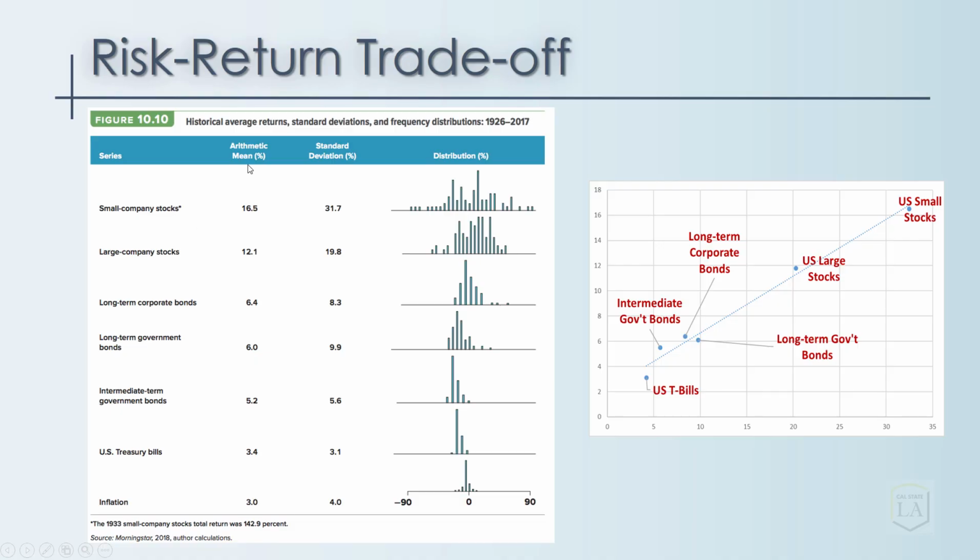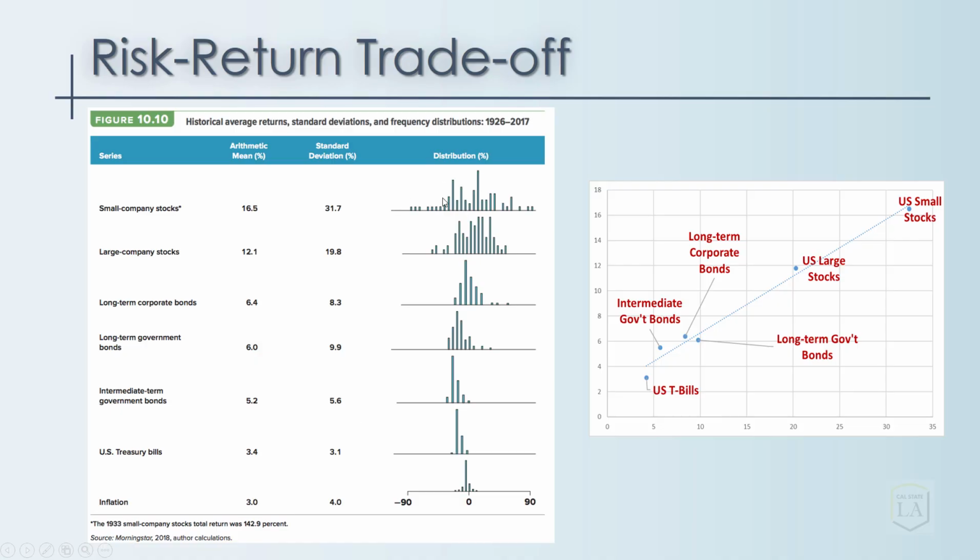So the small company stocks, which gave you the arithmetic average mean of 16.5, its standard deviation was 31.7. And the most inferior return, which was the US Treasury bill, its arithmetic average was 3.4. But at the same time, its standard deviation was 3.1%.